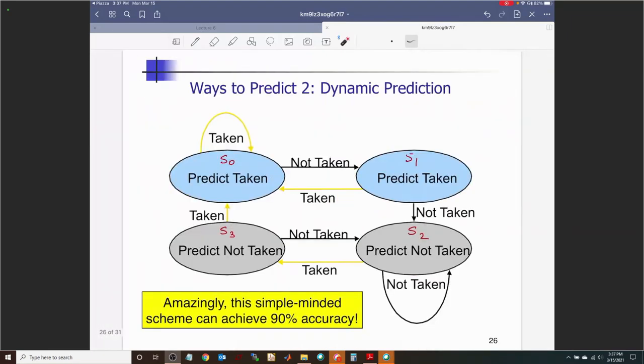But for our discussion, with the way I have numbered, S0 is the state where things start. For some other scenario, you could start with this one. But the point is that two incorrect events that actually happen will change your prediction for the next one. Other questions about this?